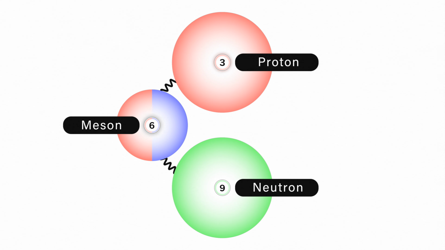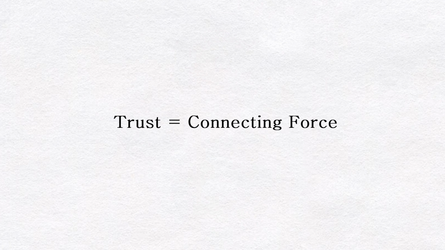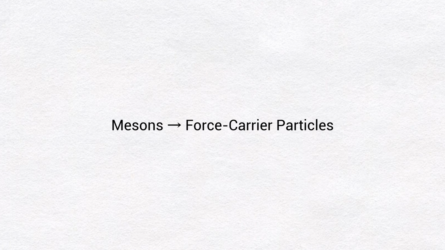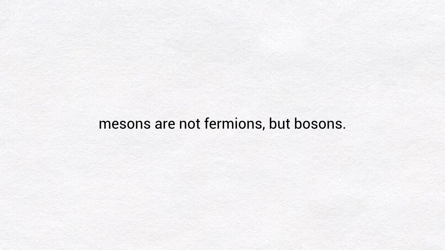As already discussed, a meson is represented by point 6, and point 6 represents trust. That is, protons and neutrons are connected by trust. The function of trust is the connecting force. Although mesons are composed of material particles, they are force carrier particles. That is, mesons are not fermions but bosons.